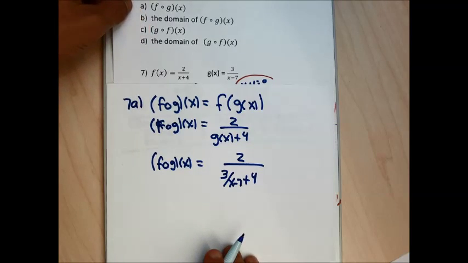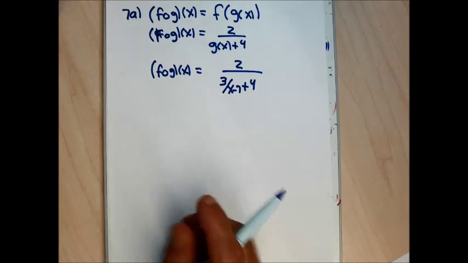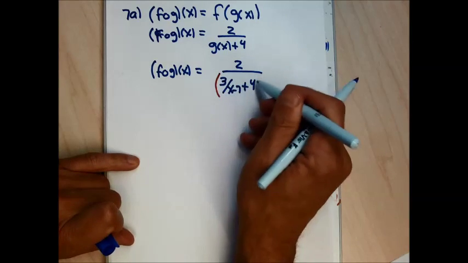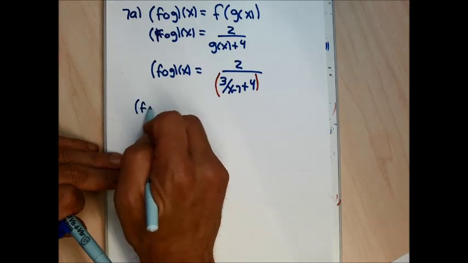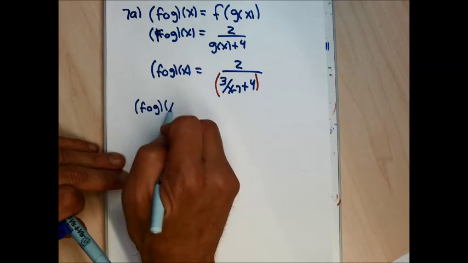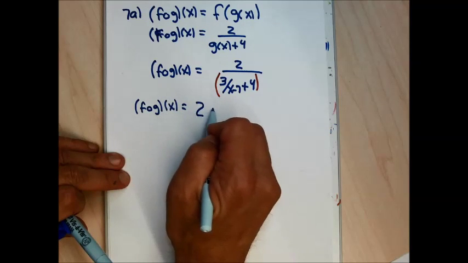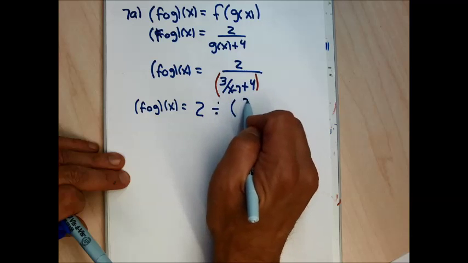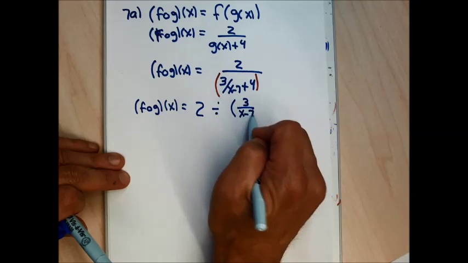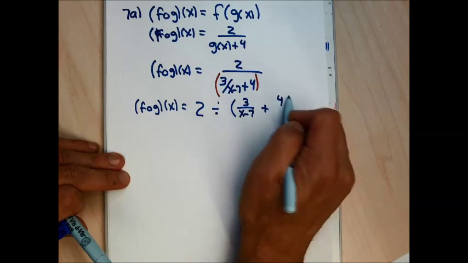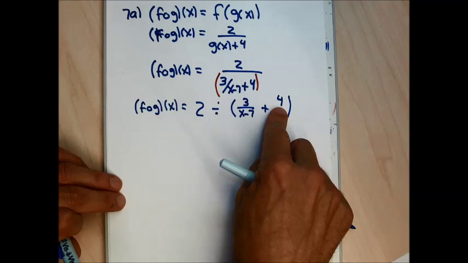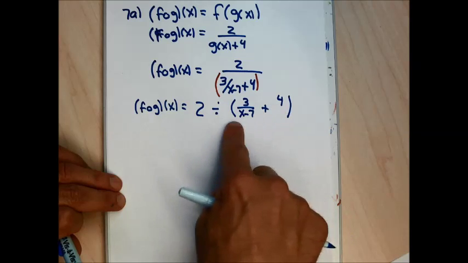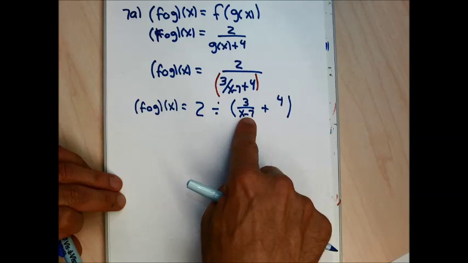All right, now I'm going to do this. Remember how we did this? We made this into a parentheses and rewrote this with a divide sign. So f composed with g of x can be written as 2 divided by 3 over x minus 7 plus 4. And you'll notice I wrote that 4 a little bit high because I need to make this 4 into a fraction and multiply it by x minus 7 over x minus 7.